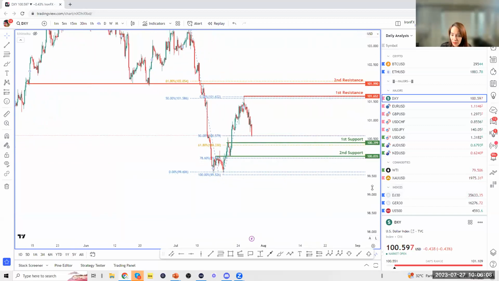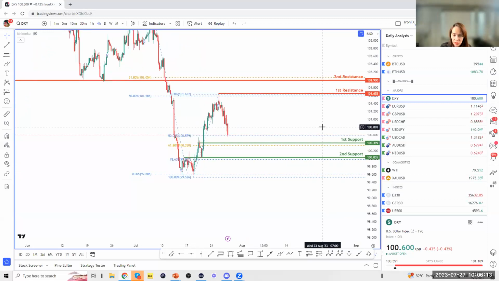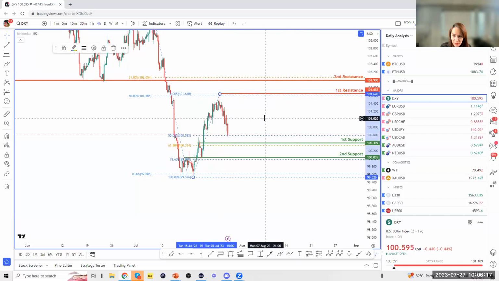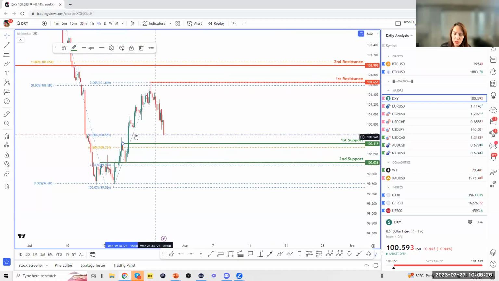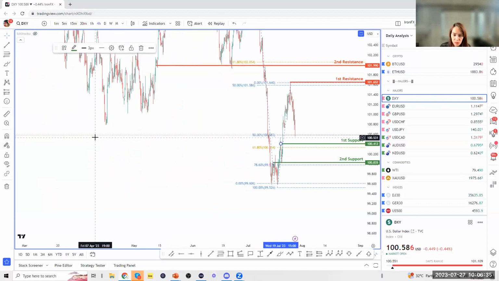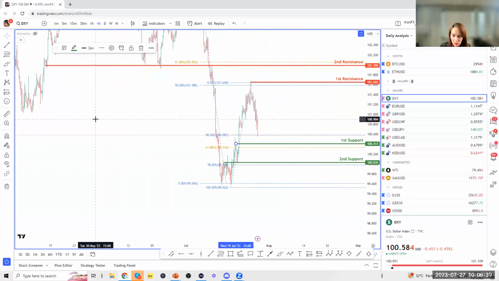As you can see, DXY is falling, I think because of the news we had last night. So I will put this as my first support, which is somewhere near 61.8%. Price is falling and bounces a little bit at the 50% Fibonacci level, but when you zoom out to the left, there is no level there.